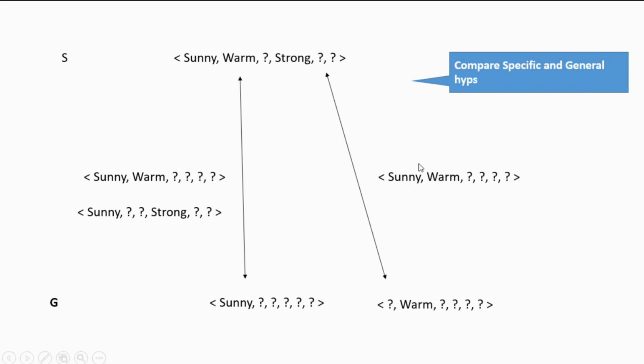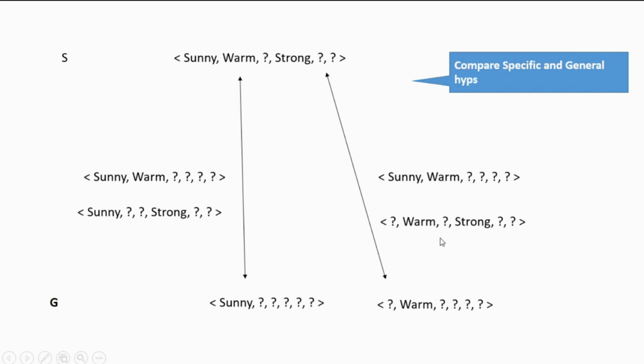Sunny, warm, the first candidate is changed. And there is another chance to change the fourth candidate. Look here. Because the S boundary has three specific values, and here there is only one specific value in every hypothesis, we take the chance. Replace with the second value, replace with the fourth value. Similarly, second and fourth value.